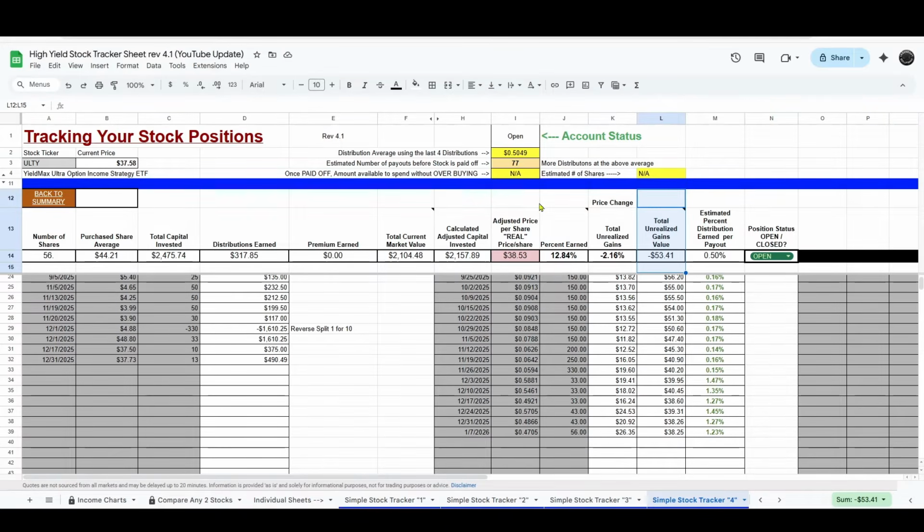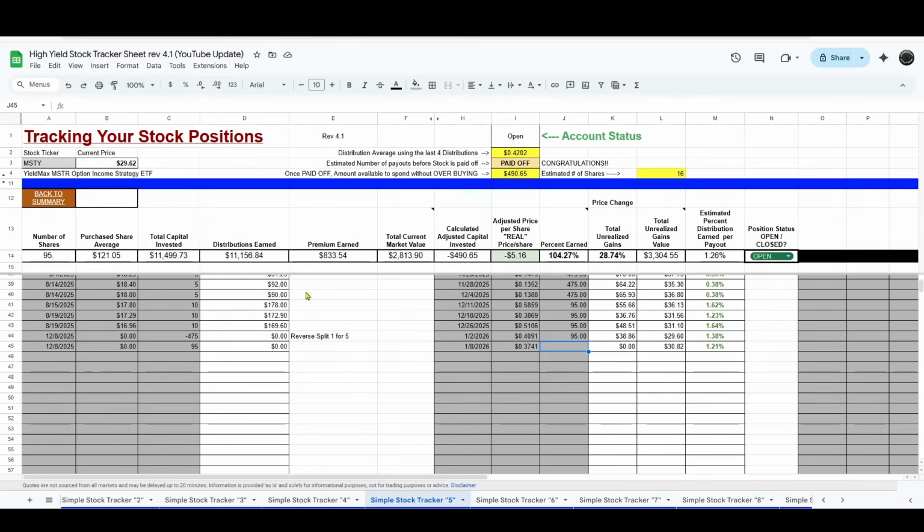In this case for ULTY, I'm looking at 77 more distributions, and that's using an average of about 50 cents. So that will change as the average of the last 4 distributions changes. That's why this is just an estimated time and an estimated distribution average. But at only a minus 2% down on ULTY, yeah, I'll take that. That is a very nice drop in my real price per share on ULTY.